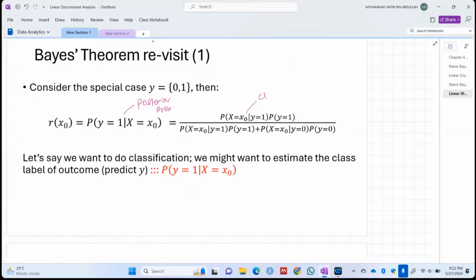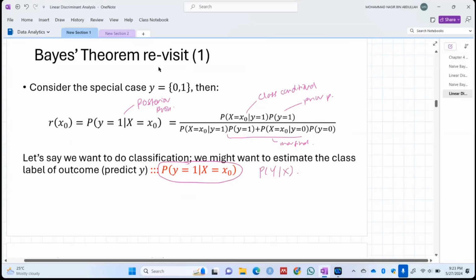This is a class conditional, and this is a prior probability, and this is our marginal probability. And our goal is we want to predict y given x.